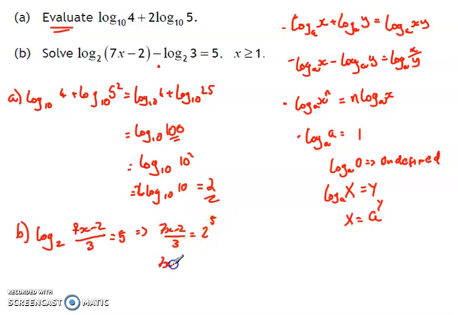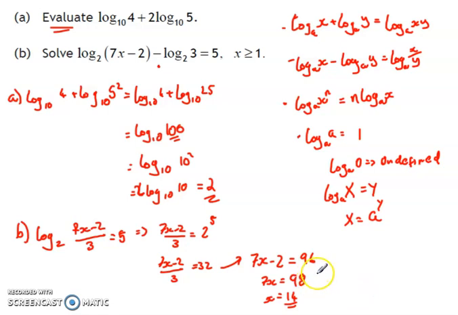So I've got 7x minus 2 over 3 equals 32, and then just start to solve it like normal. This here is an S1 skill, solving an equation like this. Multiply both sides by 3. What I'll end up getting is 7x minus 2 is equal to 96. So 7x is equal to 98. If I divide both sides by 7, I know then that x is equal to 14. So there we go, I've solved the equation.